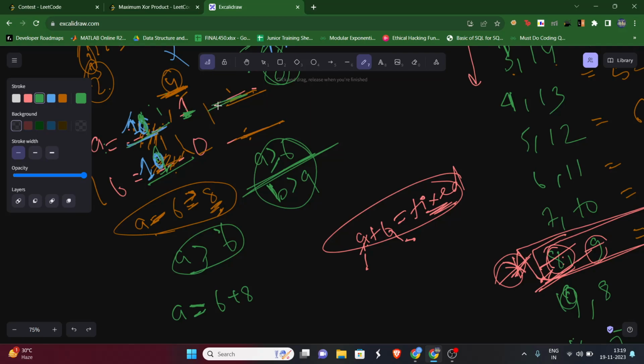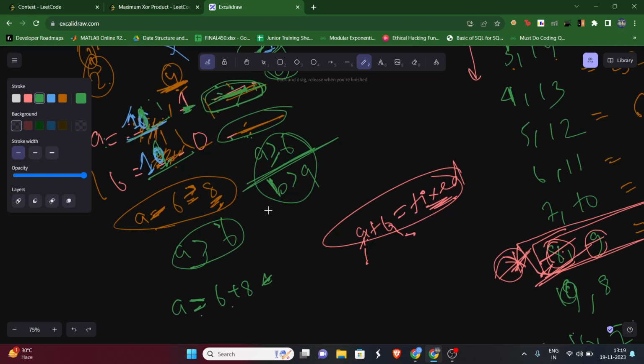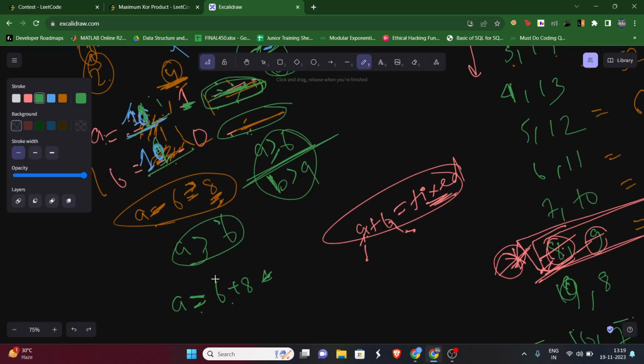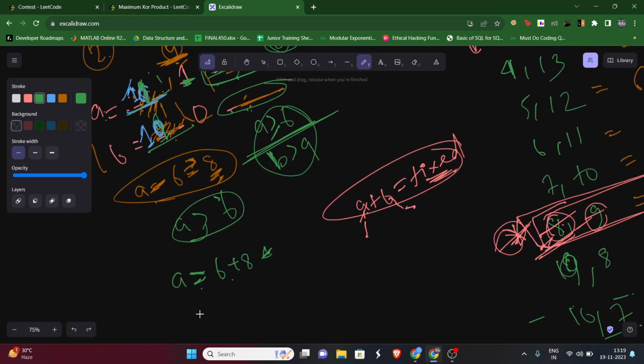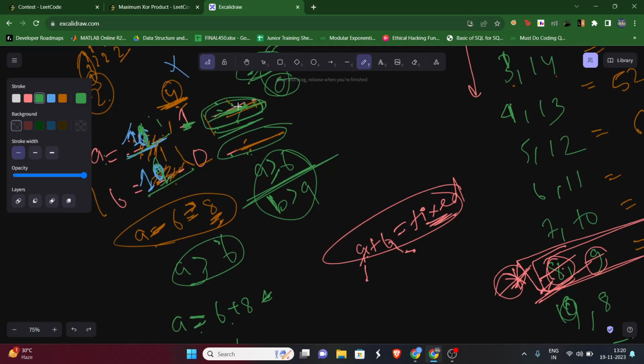And in this scenario what we are considering is that in the rightmost bits, all the bits are the same in both a and b, so we can say that a is equal to b plus 8. Else if there is some more difference over here, then it might happen that a can be something more, and if some values are different over here, then what can we say?